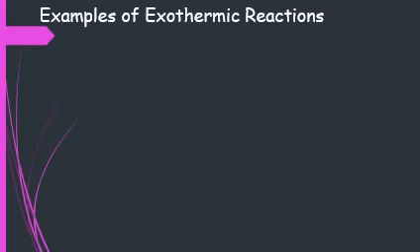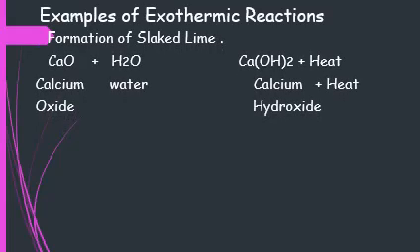Examples of exothermic reactions. First example here is formation of slaked lime. Calcium oxide, when reacts with water, gives calcium hydroxide plus heat. This is the first example of exothermic reaction. Calcium oxide, you have to remember the common name, that is called quicklime.